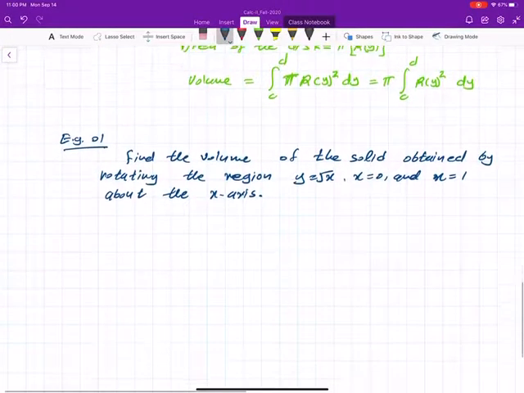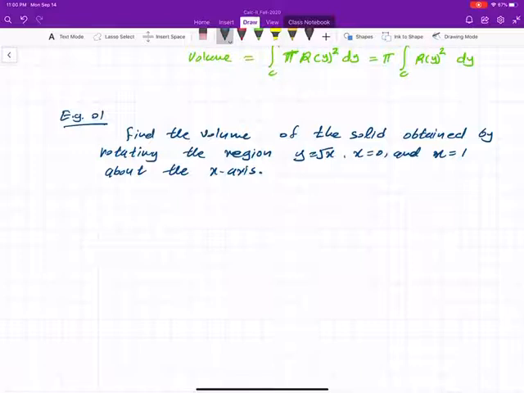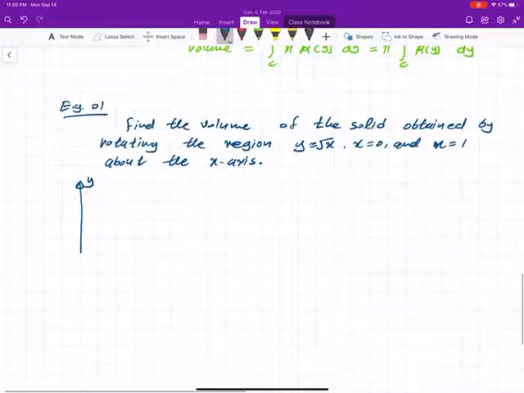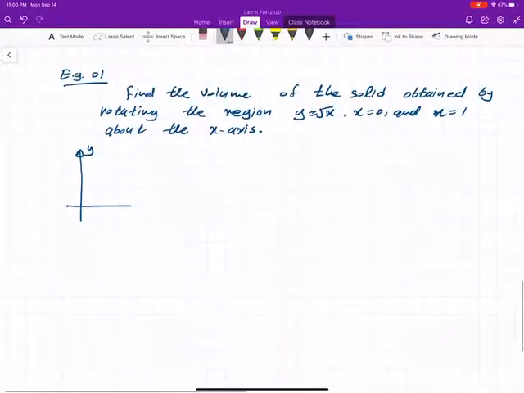All right, let's draw the region first. I take this to be my y-axis, and I take this to be my x-axis. First draw y equals square root of x.